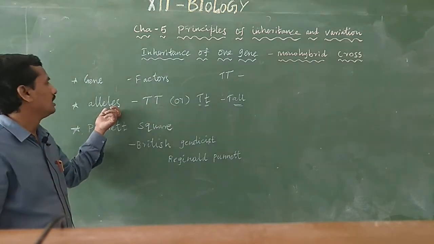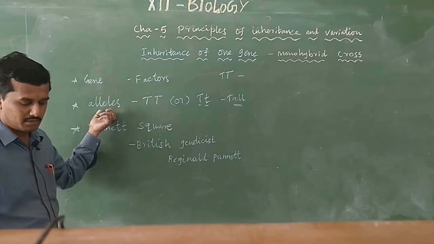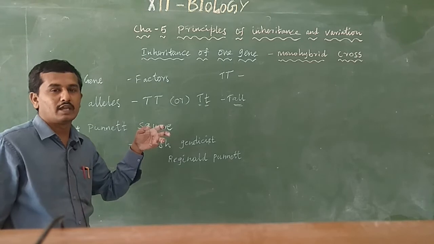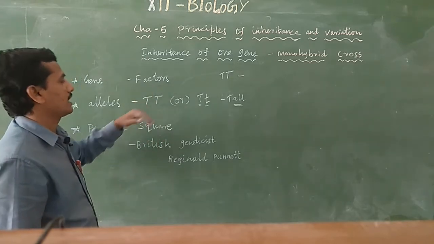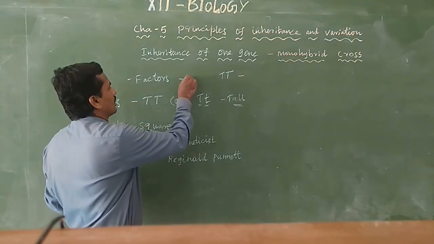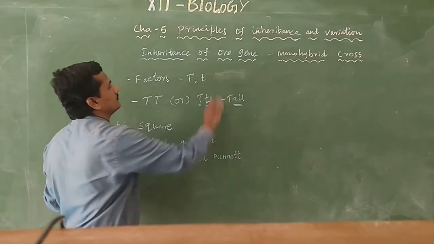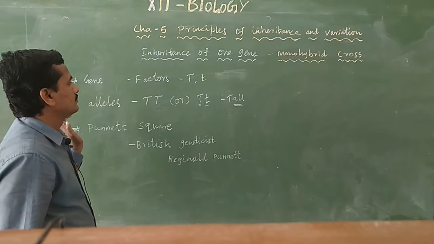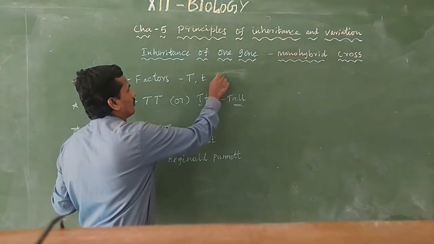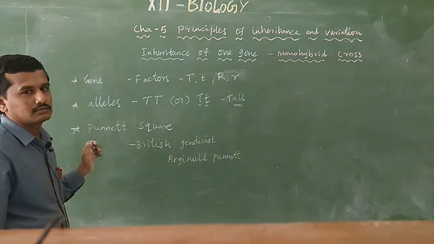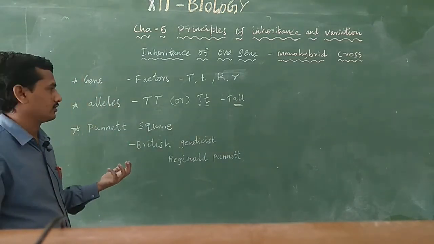The term allele is not normally used in recent years, because in Mendel's time, Mendel used factors. Factors means, for example, capital T one factor, small t one factor, and capital R for roundness one factor, small r one factor, for all the seven characters.